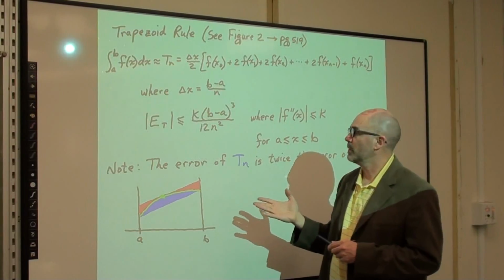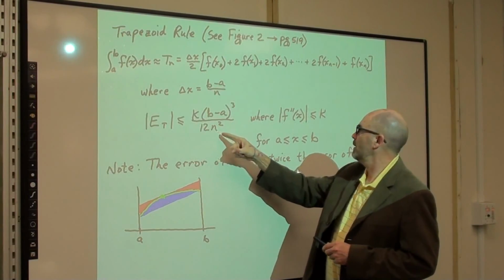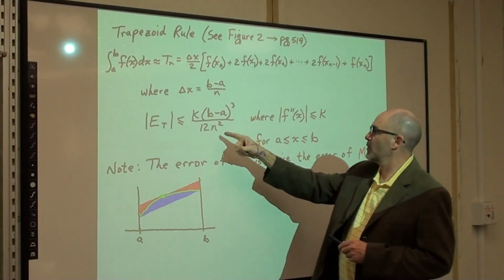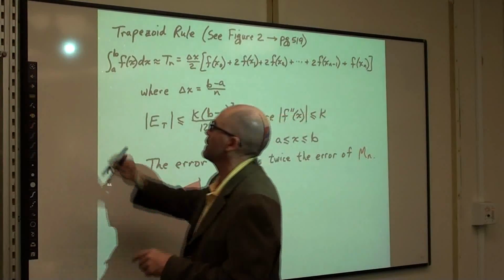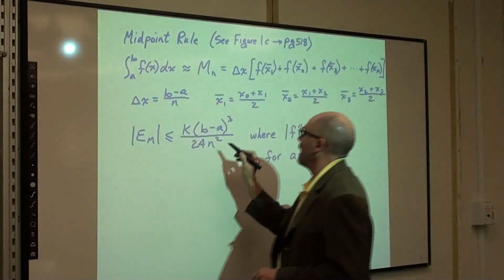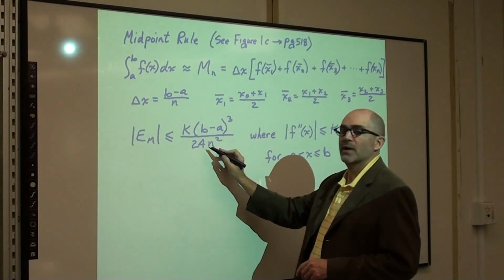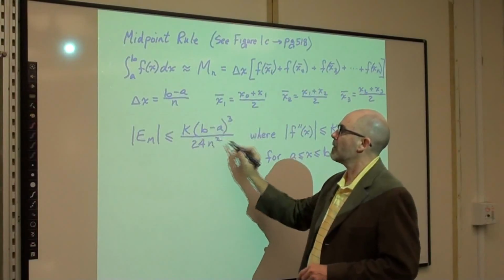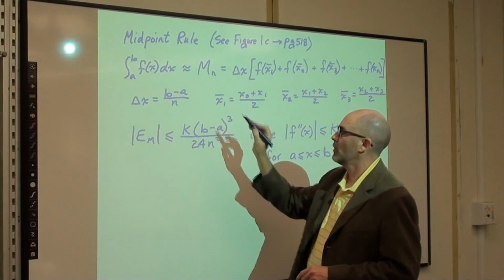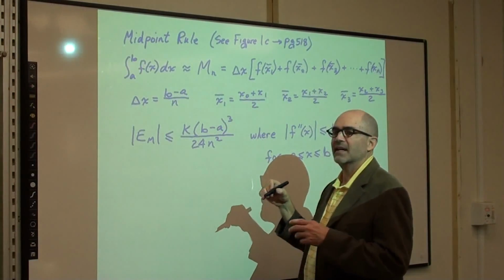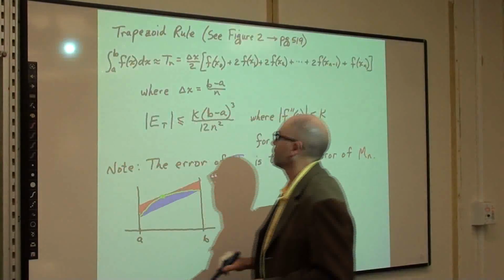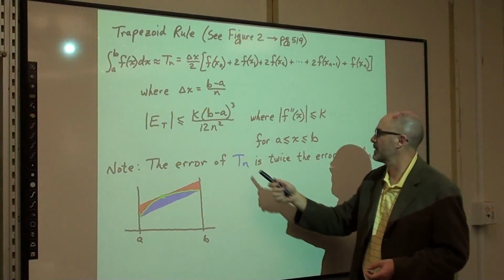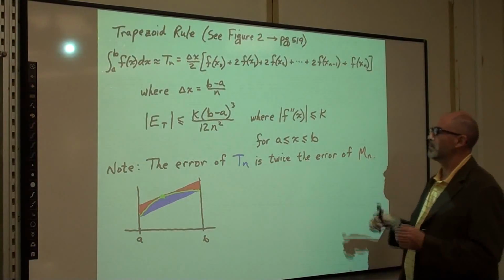But that's not true. If you notice the formula for error, the error of the trapezoid is divided by 12, whereas the error of the midpoint is divided by 24. So the error of the midpoint rule is exactly half the error of the trapezoid rule, or the error of the trapezoid is twice the error of the midpoint.